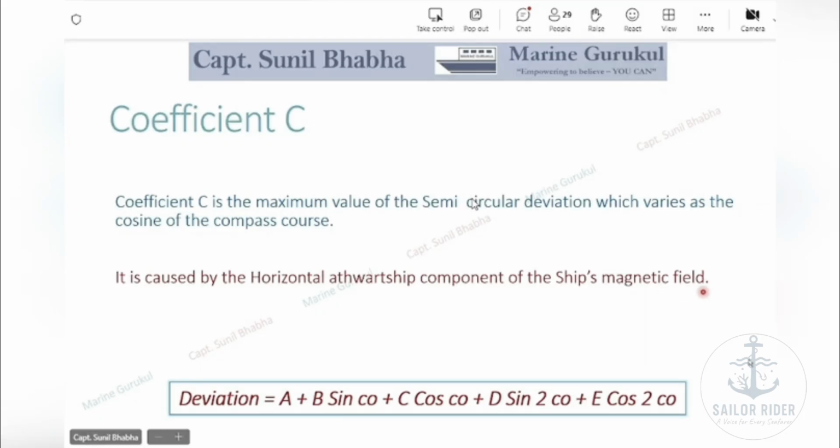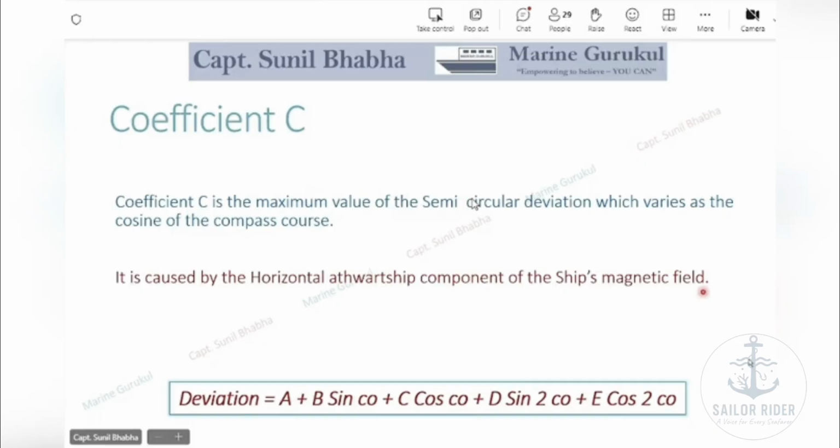Now, if you look at the definition carefully, you will realize that this definition is very similar to coefficient B. In fact, coefficient C has almost the same properties as we discussed in coefficient B, with only one difference. Bravo and Charlie are exactly similar with only one difference.